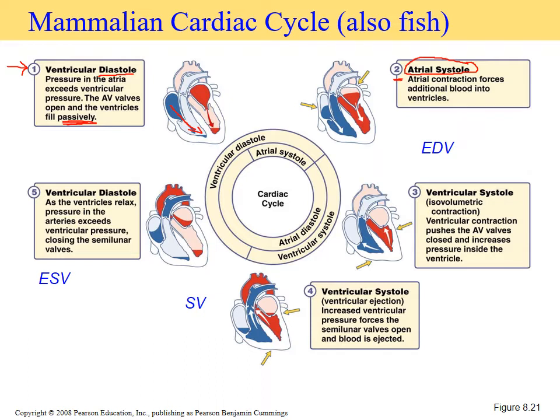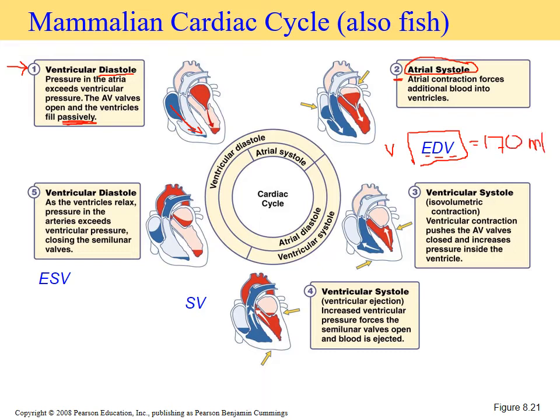By the end of step number 2, you have reached what we call our end diastolic volume, and this is for the ventricle. So at the end of its relaxation, how much blood has it accumulated? Just for fun, let's add some numbers to it. Let's say that the ventricle at the end of step 1 and step 2, from receiving blood passively and also through contraction of the atrium, has a total of 170 mLs.